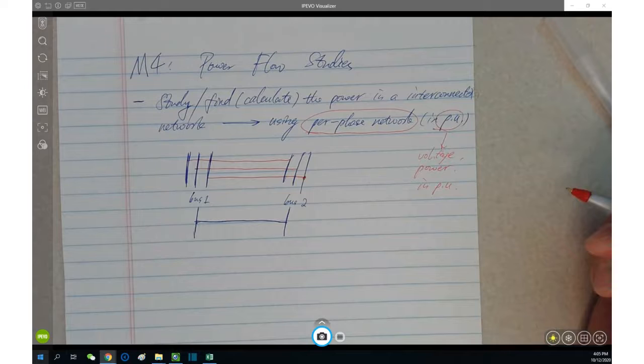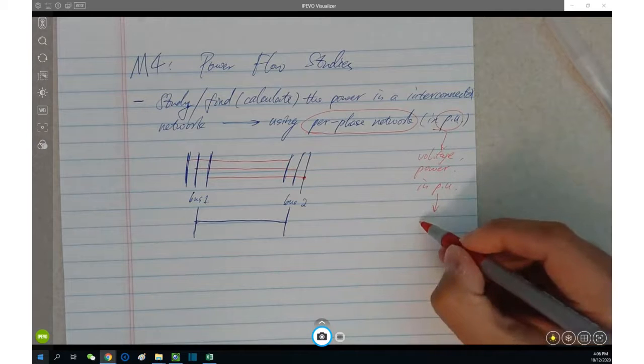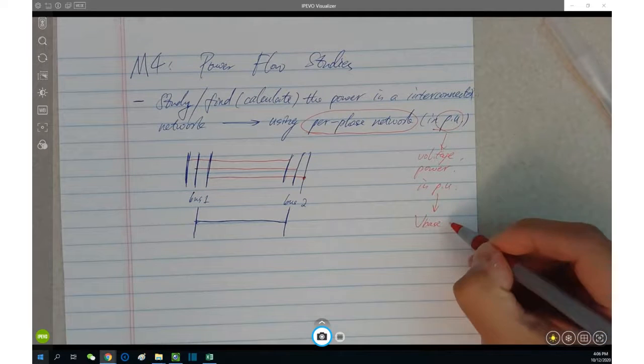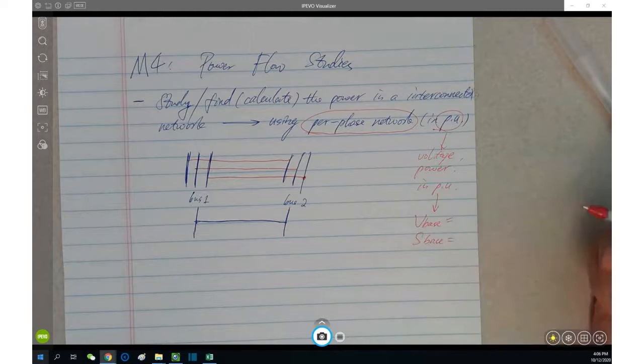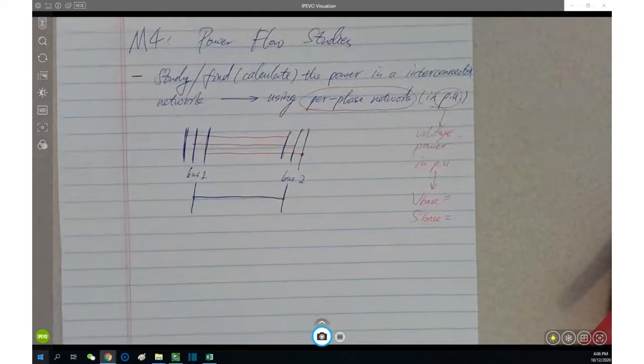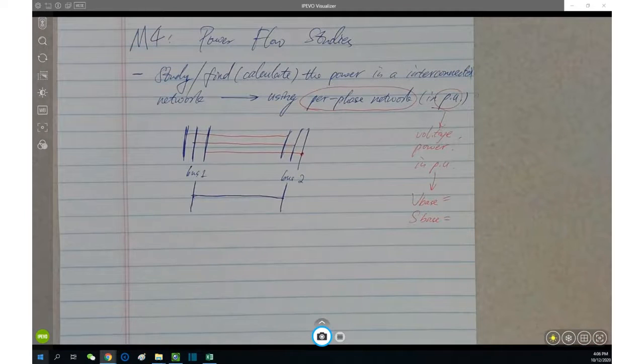So what you're expecting to see is that the voltage base is provided, or the power base is also provided, for you to be able to find the real, actual values. Does it make sense? These are two things you need to understand. Power system connections might be very complicated, even though we won't study very complicated ones.